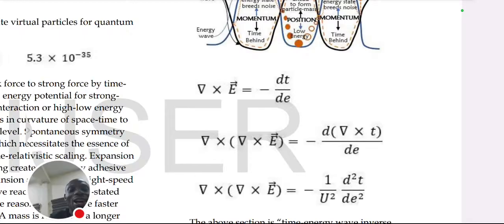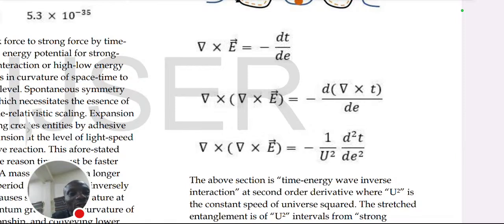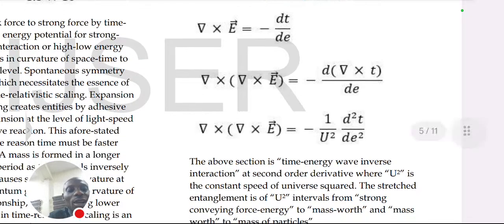Now you can see this, I have it to be del times electric field. When you have the momentum of time to energy inversely related as what we have here, you can just multiply this del. Basically, what we have right here is the Pauli expression.